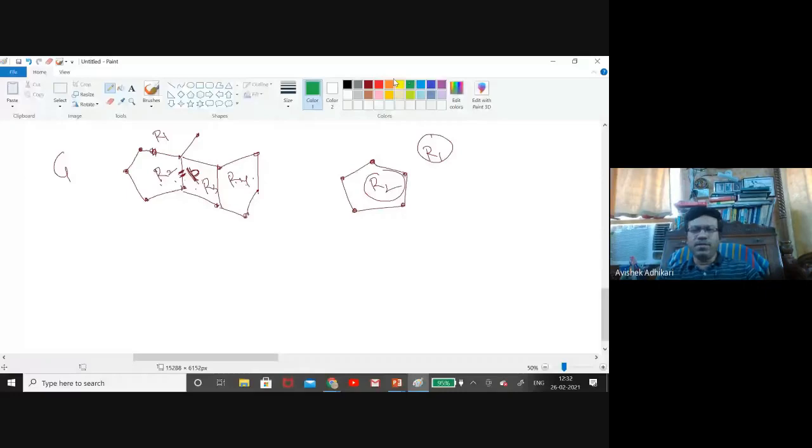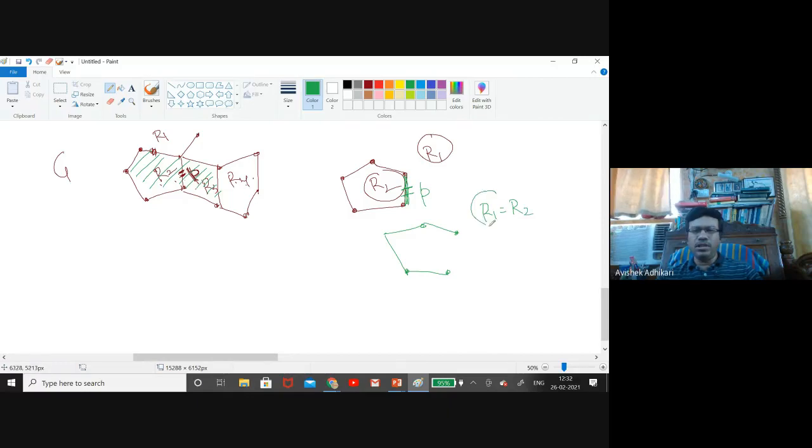For example, if you remove this edge, for example if this is your P, then it becomes like this, only this. So you don't have R1 and R2 as two distinct regions. The two regions become the same, R1 equal to R2.